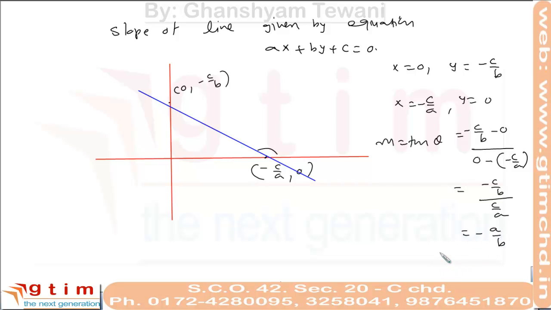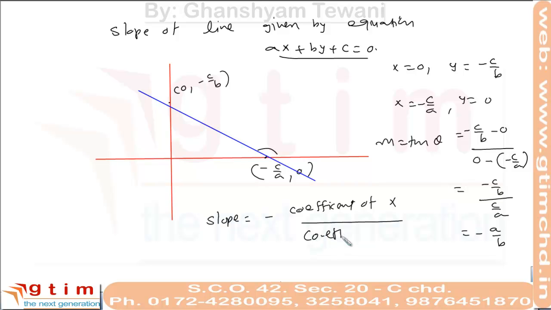So we now have the formula to find the slope of a line when its equation is given, that is minus coefficient of x upon coefficient of y.